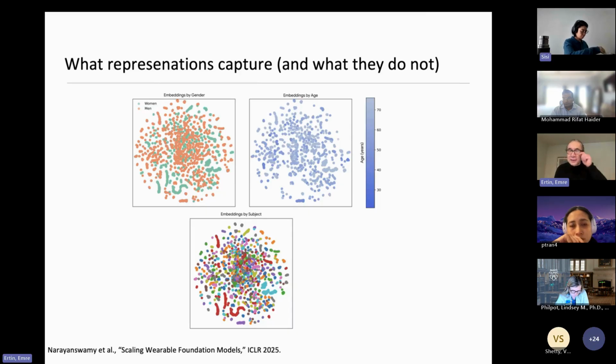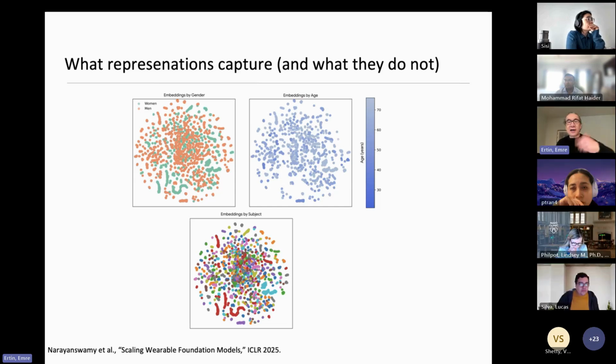And again, to me, this was somewhat interesting: although we haven't really dialed down the demographics, after the fact, you can see that the representations capture gender, capture age, as well as the subject identity.